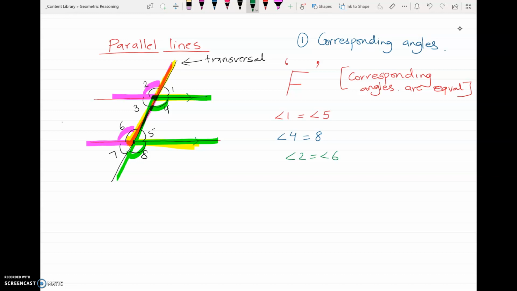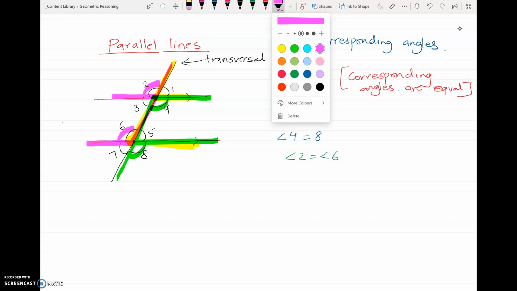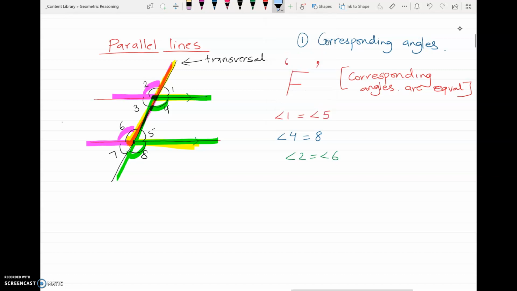Now we just have to find one more pair of corresponding angles. Let me make use of this here, and this is another F that we can see, and in this case our angles are 3 and 7.